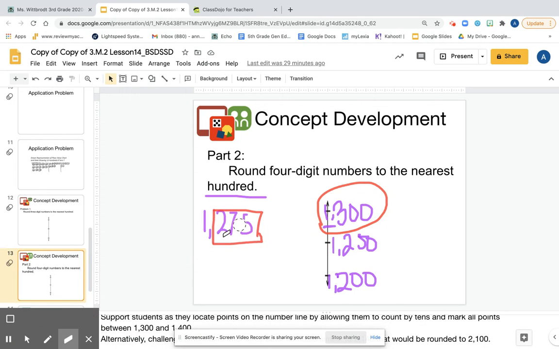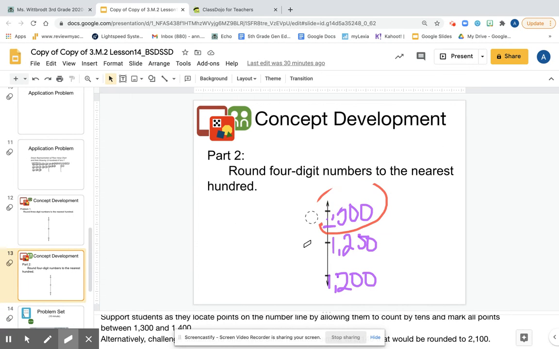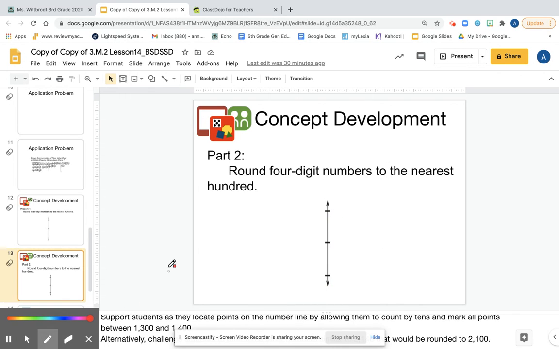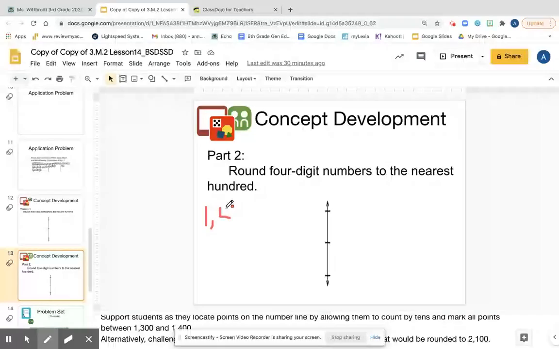Okay, for good measure, let's do one independently. I'm going to give you the number 1,489.